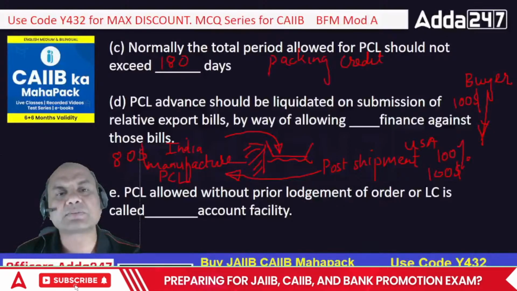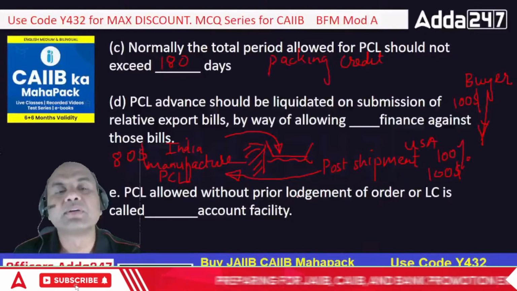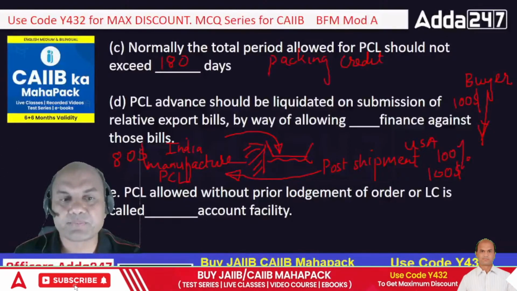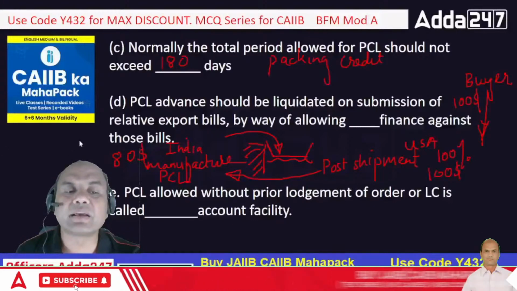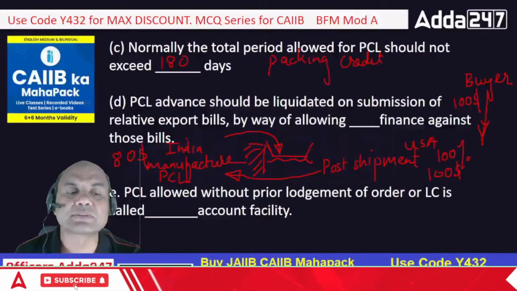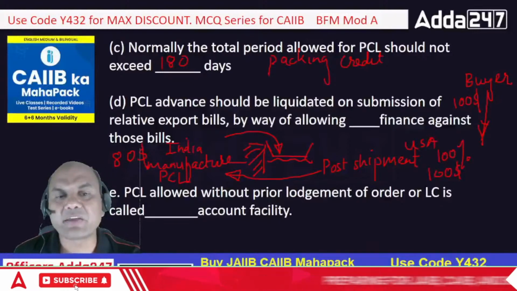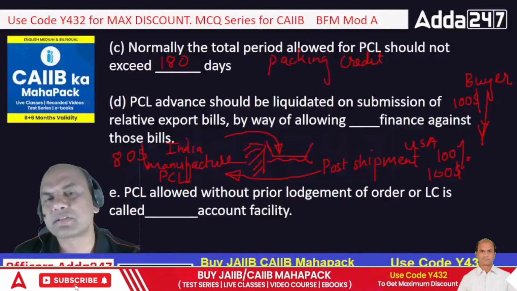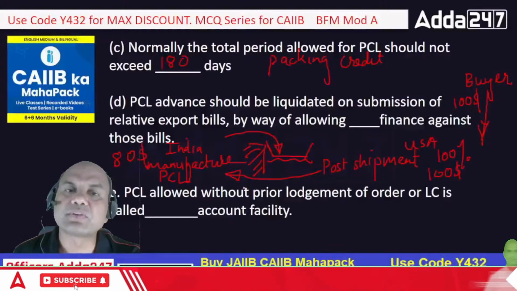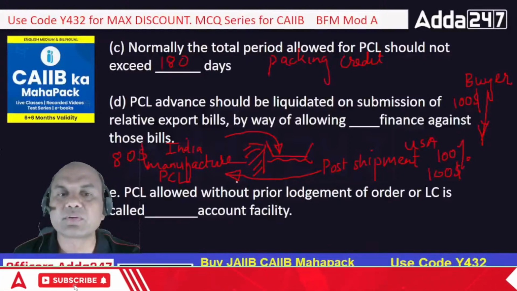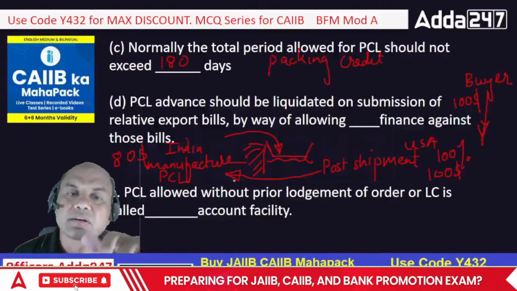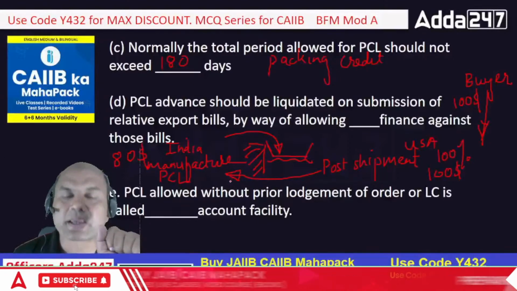It can be a normal customer like you and me also, who have a proven track record. When you are a regular customer of the bank, the bank won't ask you much documentation, because you are sending the goods, and then you'll have this packing credit.